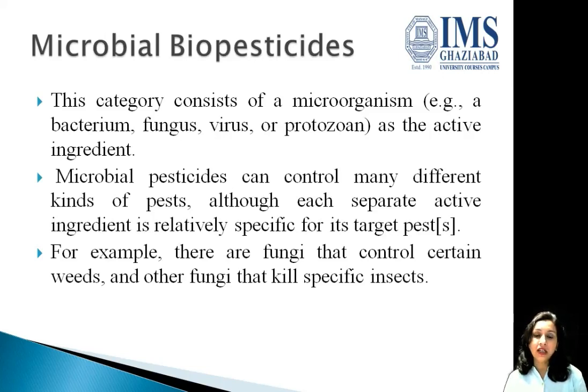Like the ingredient is target specific, a particular pest is specific to that particular pesticide. For example, there are fungi that control certain weeds and other fungi that kill specific insects. So one fungus is killing the weed and another fungus is specific to that particular insect only, not that weed.